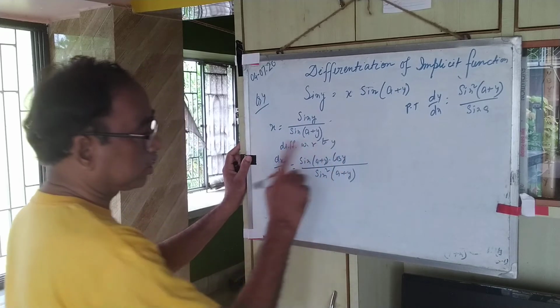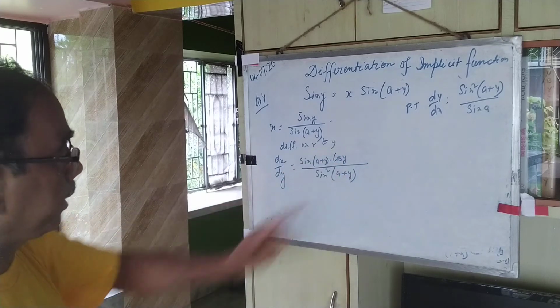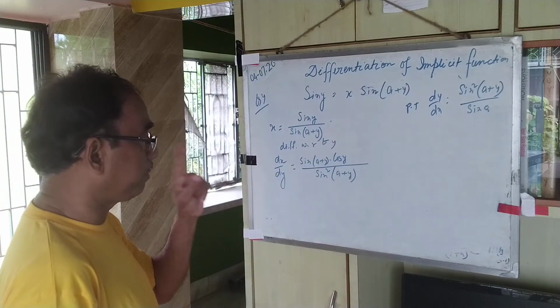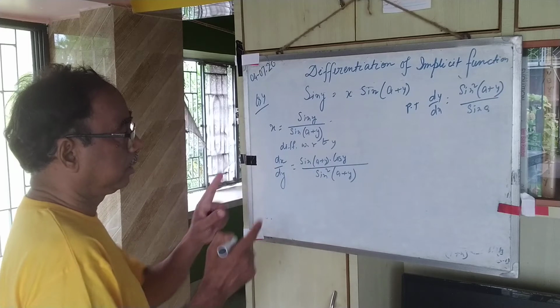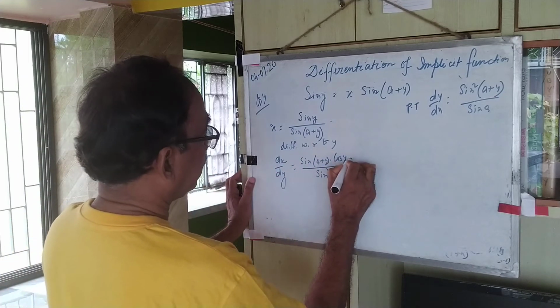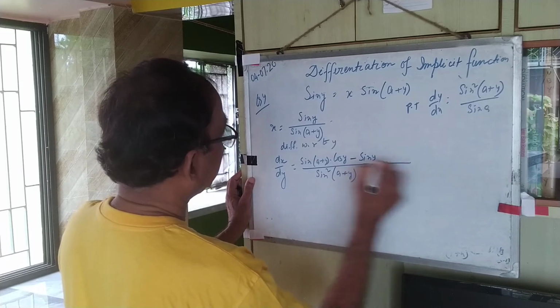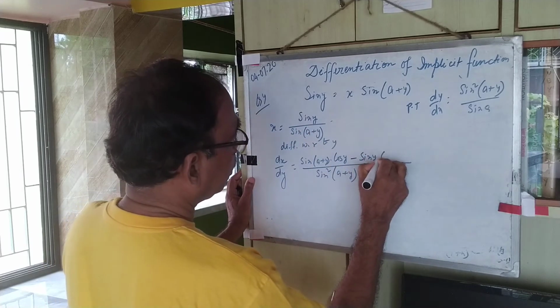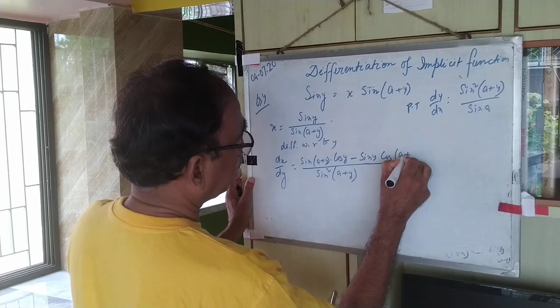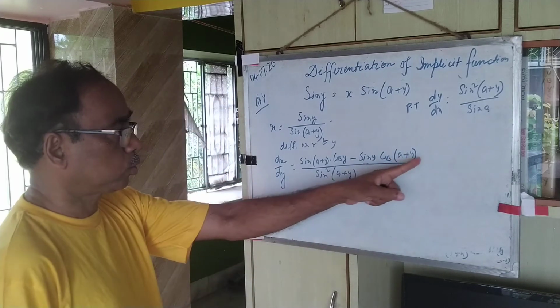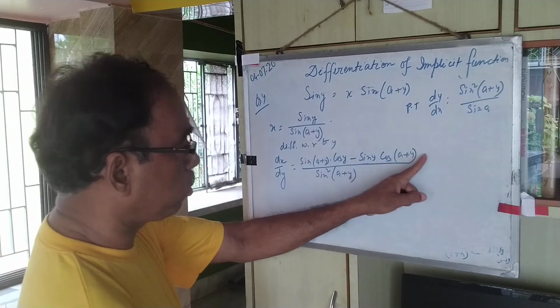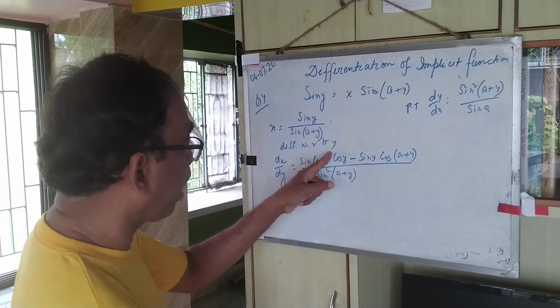It is not dy by dx, it is dy by dy. If we differentiate with respect to x, then dy by dx. It should only be cos y, then minus sin y constant, sin a plus y derivative cos a plus y. There should not be dy by dx. This is dy by dy because we differentiate with respect to y.